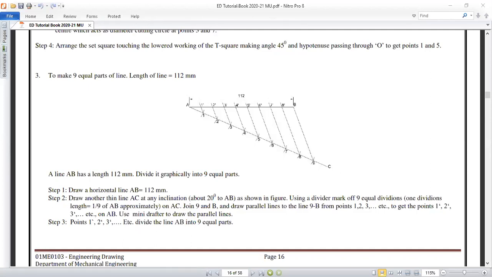You use the scale again and try to join this point number 9 with the last point, like this. Join this point from point number 9 to the last point of this line.